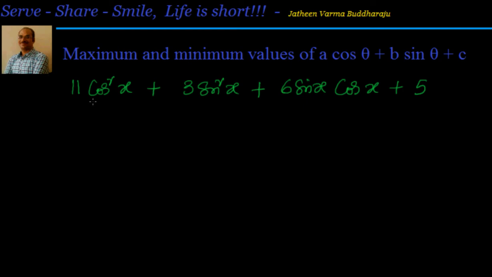Now you can see, first of all, this is crucial, 6 sin x cos x. If I want to make it a cos theta plus b sin theta whole square, because I see that there is cos square and sin square, I am looking at something like a cos theta plus b sin theta whole square. This seems to be my 2ab term because I have both sin and cos here. How a and b will be, that defines how we have to proceed.